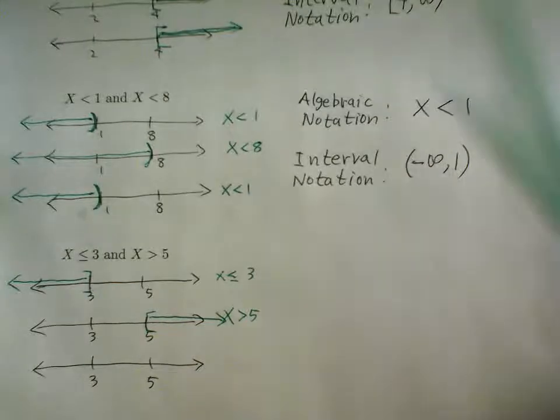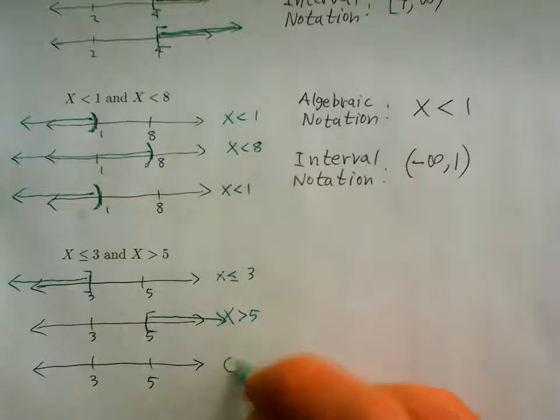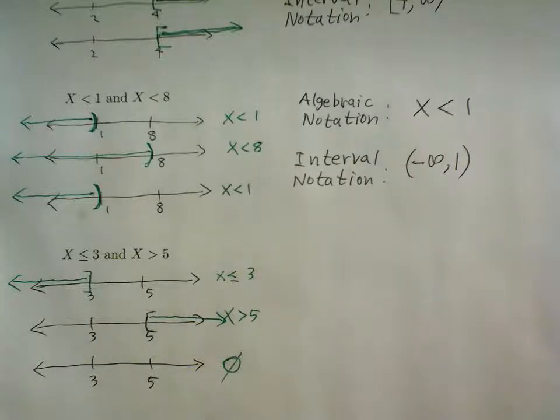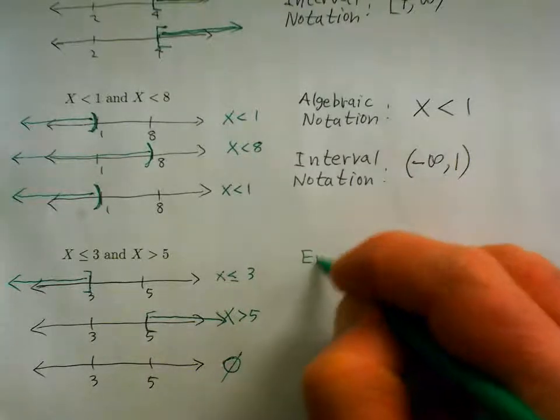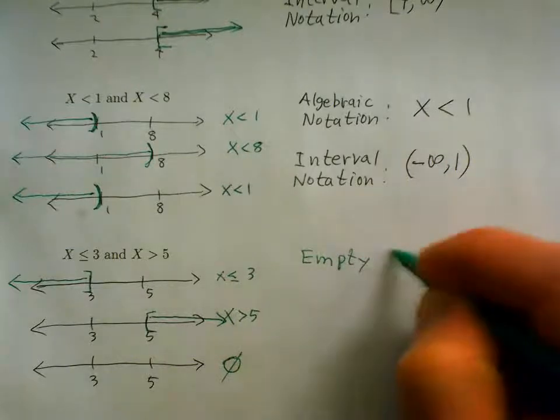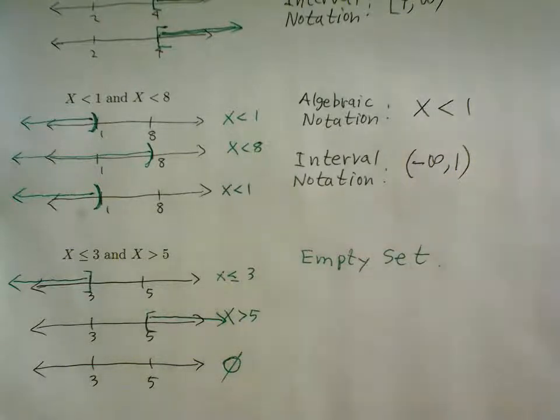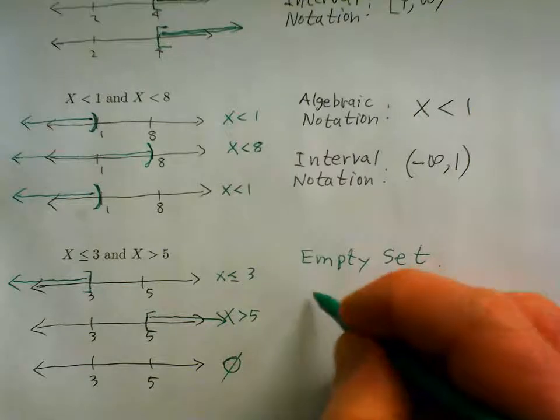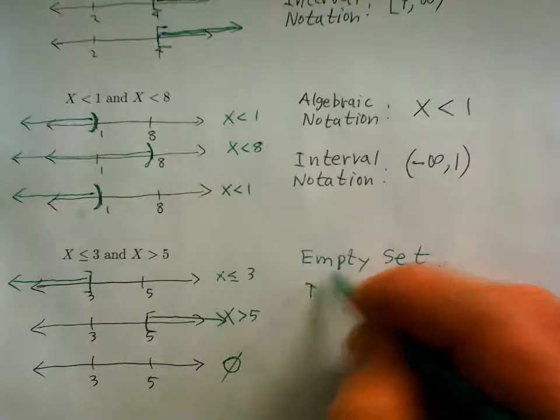And we can see there's no overlap. So the overlap is an empty number line. So the empty set. The two sets do not overlap.